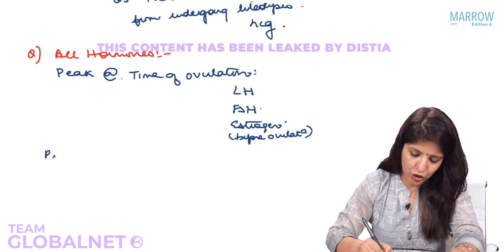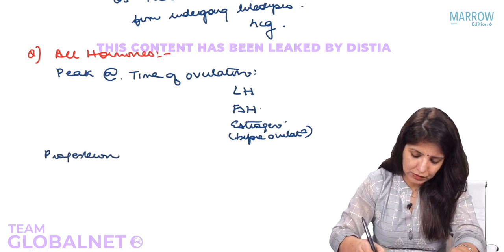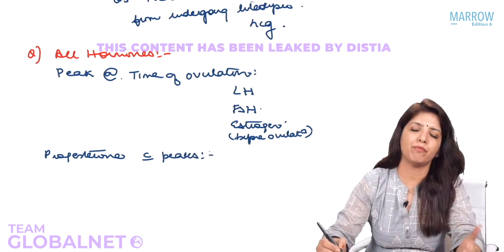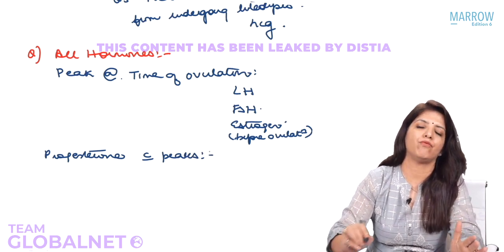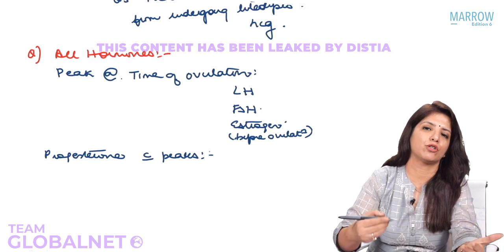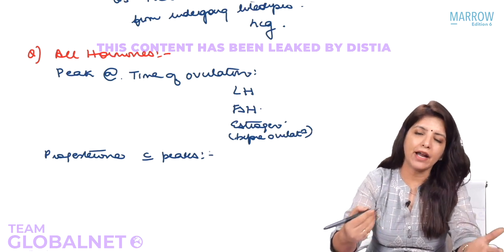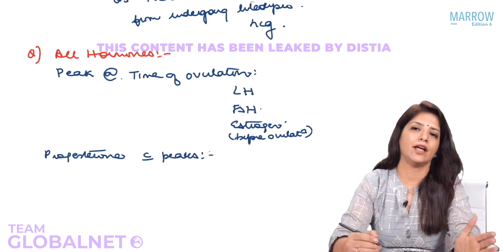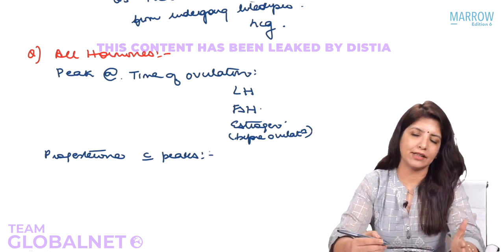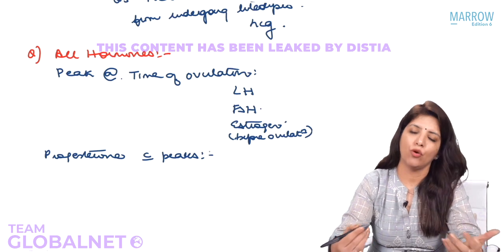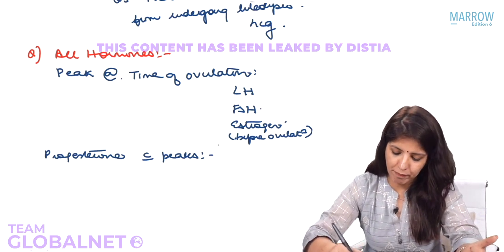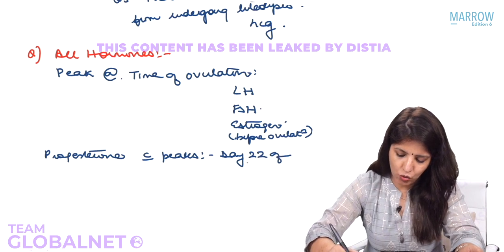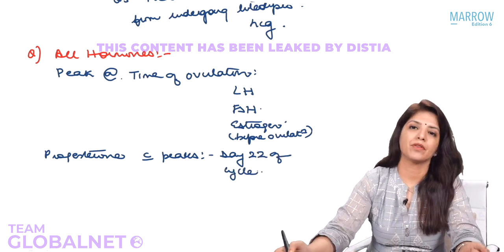But it is progesterone which peaks at a different time. Progesterone will peak when the activity of the corpus luteum will be maximum. And I told you the activity of corpus luteum is maximum on day 22 of the cycle, that is 8 days after ovulation. So progesterone peaks at day 22 of the cycle, right?